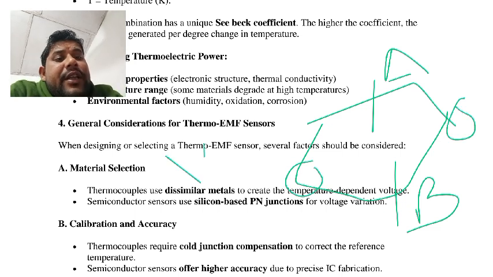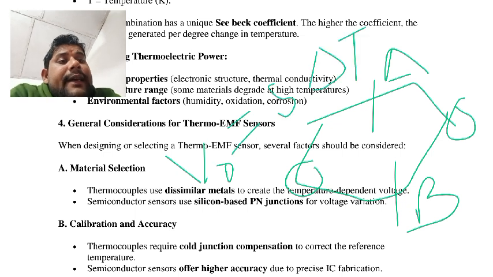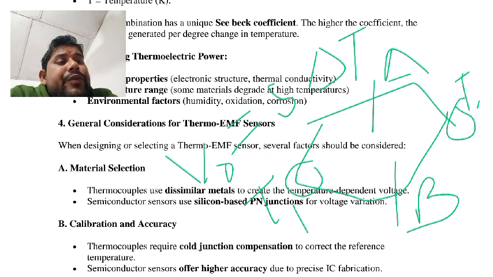Voltage V is nothing but sensitivity S times delta T, where delta T is the temperature difference T1 minus T2.